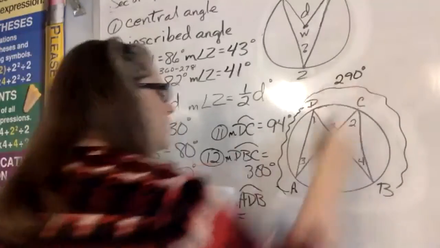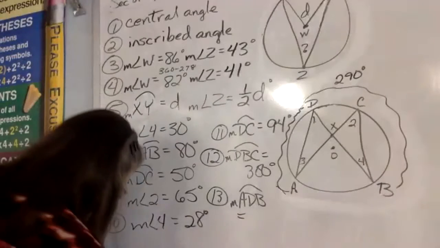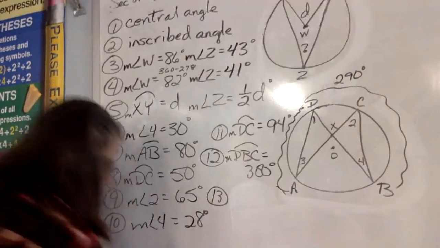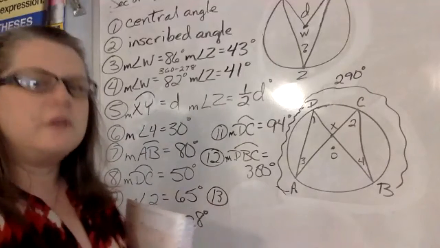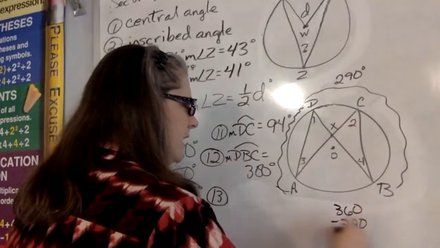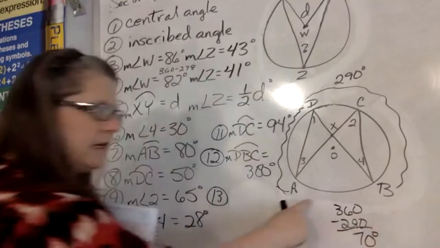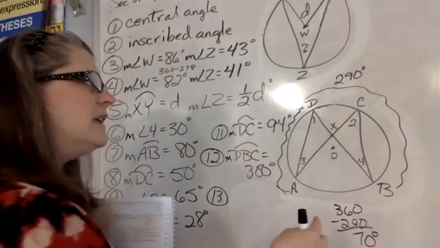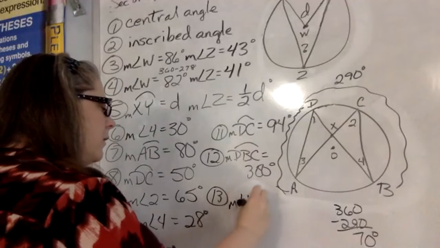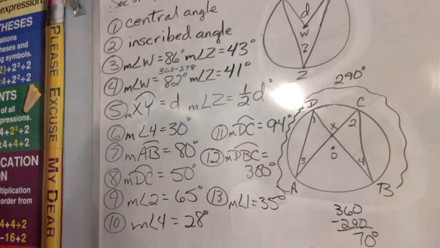So if that's 290, how would I find this part here? What does an entire circle equal? 360. So I take 360 minus 290 and get 70 degrees. So if this is 70, then angle 1 is going to be half of that. Measure of angle 1 is going to be 35 degrees. And that's what it wanted you to find in number 13.